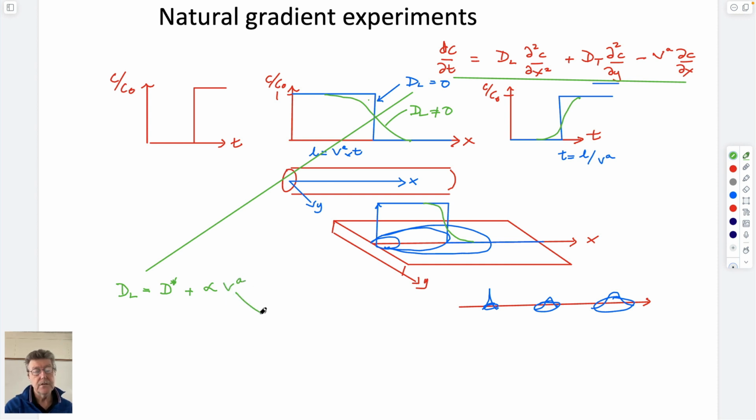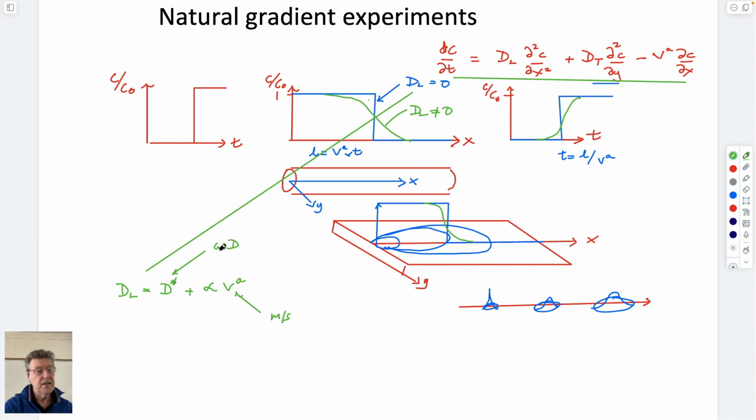So this is in units of velocity. This, by definition, is the chemical diffusion coefficient times tortuosity. I think we call it omega d.